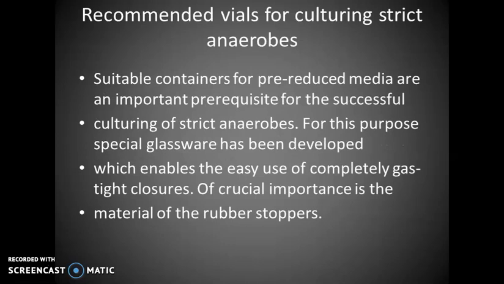So there are certain recommended vials for culturing strict anaerobes. What are these recommended vials? Suitable containers for pre-reduced media are an important prerequisite for the successful culturing of strict anaerobes, and for this purpose special glassware has been developed that enables the easy use of completely gas-tight closures.